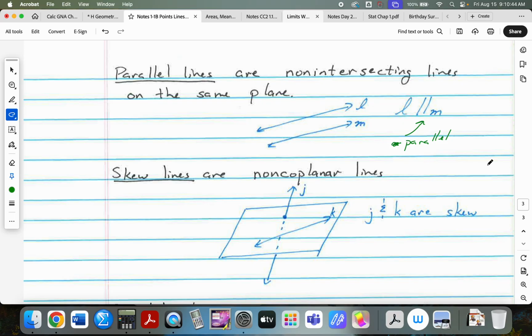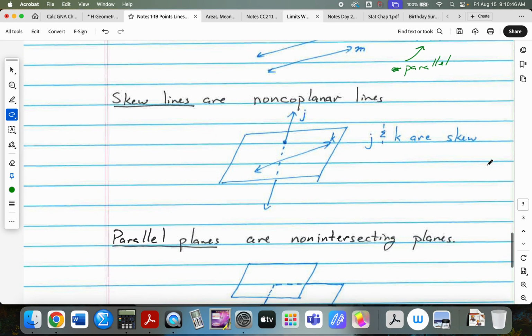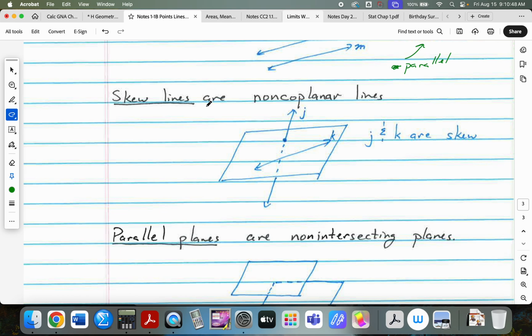Then those other lines are called skew lines. Skew lines are non-coplanar lines, meaning they're not both on the same plane. It has to be three-dimensional to get skew lines. So here we've got a plane, and we've got this line J that's going through the plane at this point. And here, what's this dotted line mean? It's what? Yeah, it's behind the plane.